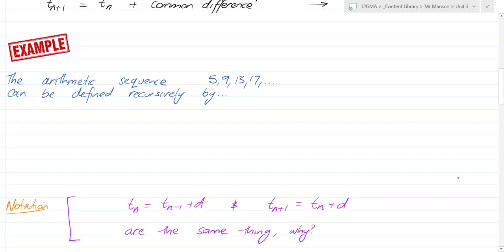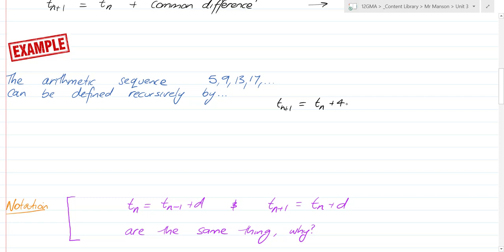Example 1: the arithmetic sequence 5, 9, 13, 17 can be defined recursively as what? Any takers? I'll start with the left-hand side. tn plus 1 is equal to what? tn plus 4.